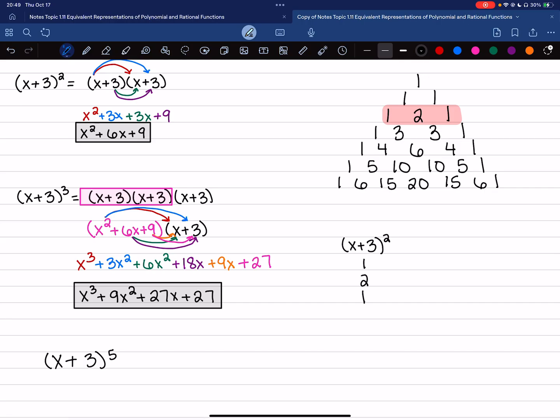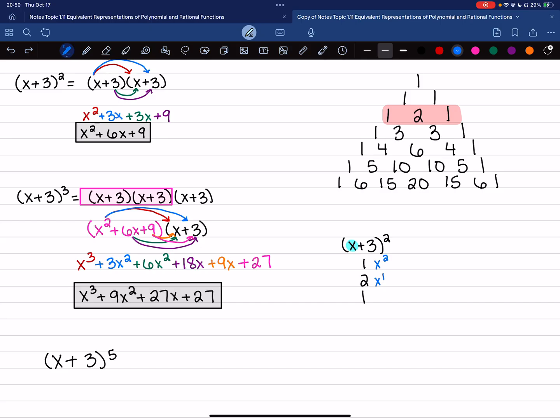And so what we do here is we are going to take the very first thing in the binomial, and you're going to start with that, and you're going to give it an exponent of 2, and it's going to decrease until there's a spot with no x. Okay, so 2, 1, no x.